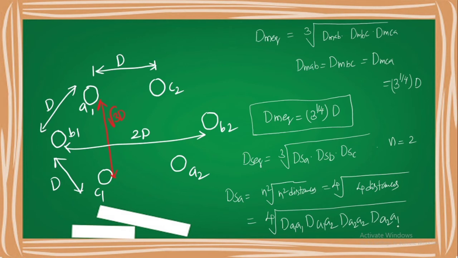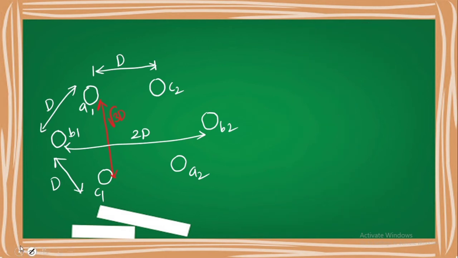Now what is DSA? A1 to A1 distance is always R dash. A1 to A2 distance, as they are at the extreme corners, is 2 times D. A2 to A2 distance is again R dash, and A2 to A1 distance is 2 times D.